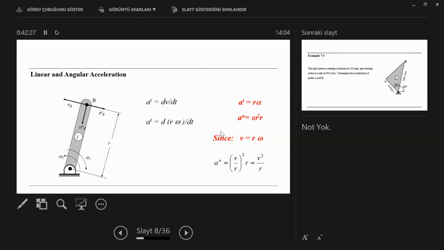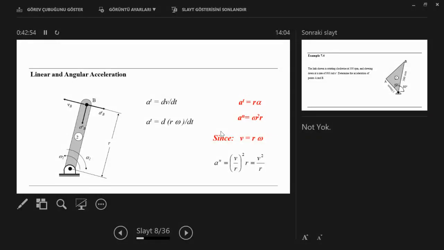We said also that a point on this driver, let's say point B, has acceleration based on the motion, and the acceleration can be divided into perpendicular parts, tangential and normal components.